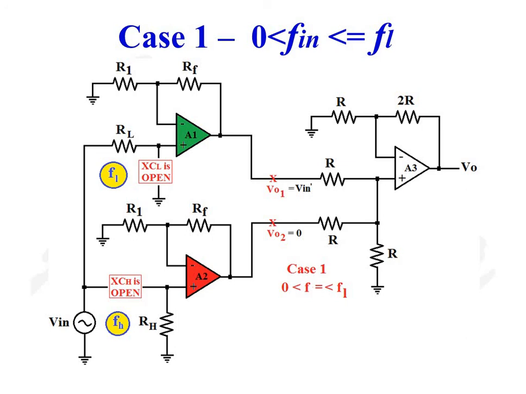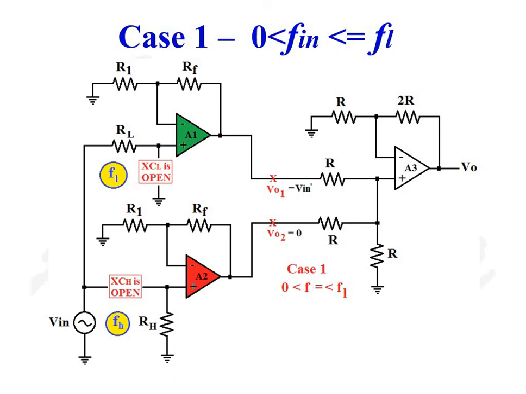So now let us consider the case when frequency of the applied signal is greater than 0 but less than the cutoff frequency of the low pass filter FL. First of all, let us discuss the two capacitors CL and CH. As frequency of the input signal is less than the cutoff frequency of the low pass filter, these two capacitors CL and CH act as open circuit.